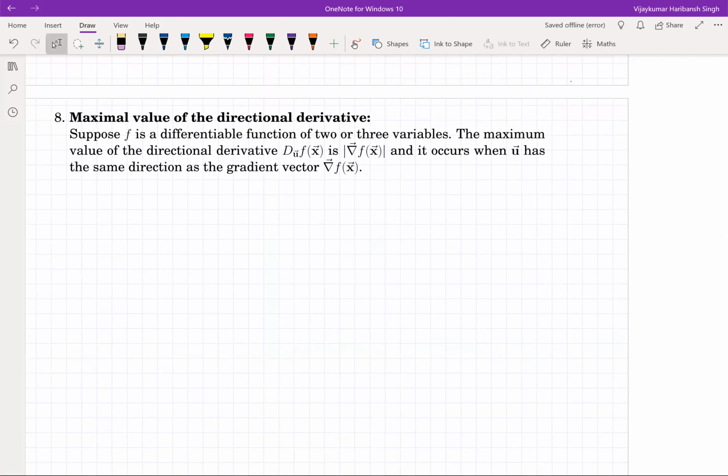The maximum value of the directional derivative D_u f of x is going to be the length of grad f of x. Now, why is that? Notice the following.